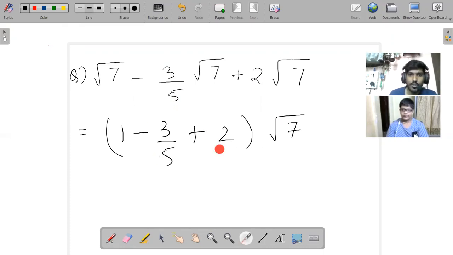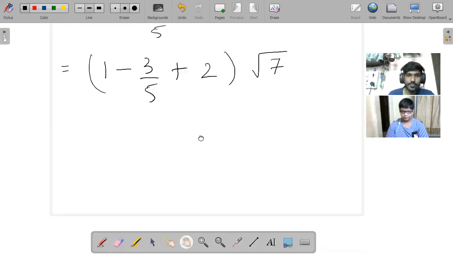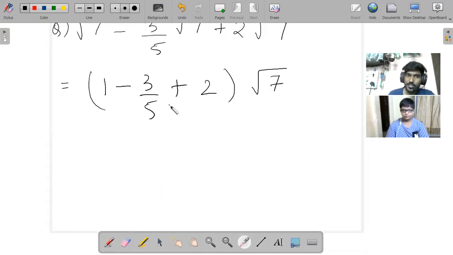Now we just have to simplify the numbers which are inside the bracket. Do you know how to do this simplification? 1 minus 3 upon 5 plus 2. There are 2 ways to do it.